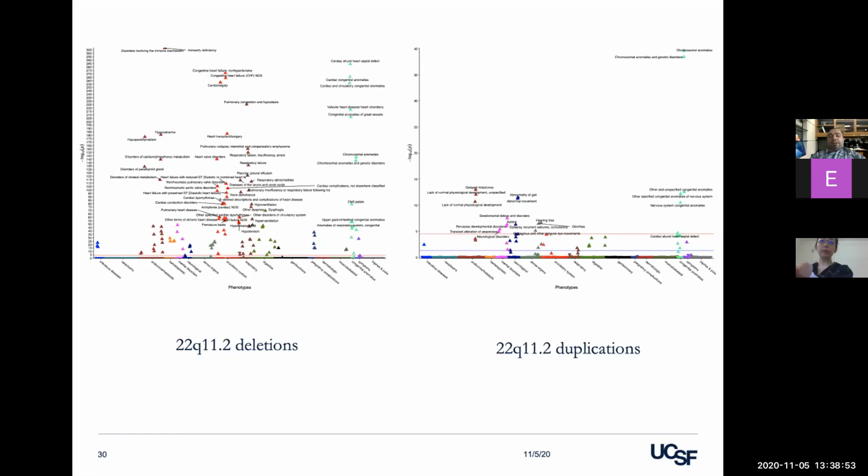So in general, when we look at this biobank data, we can pick up the traits that we would expect to find in people who carry these mutations, and traits that are novel.